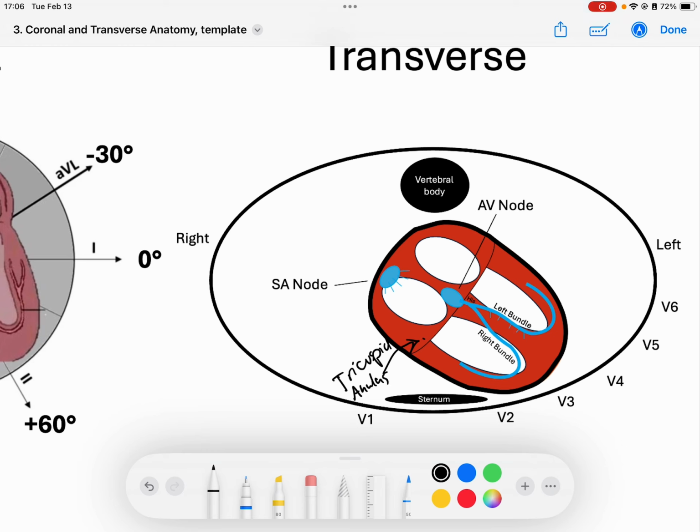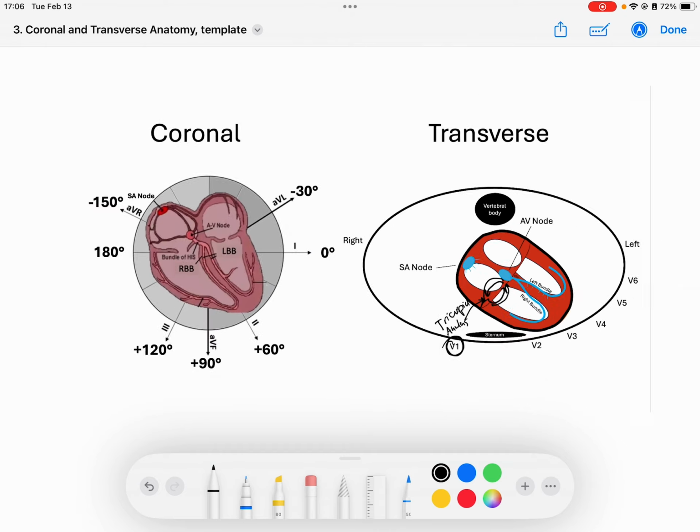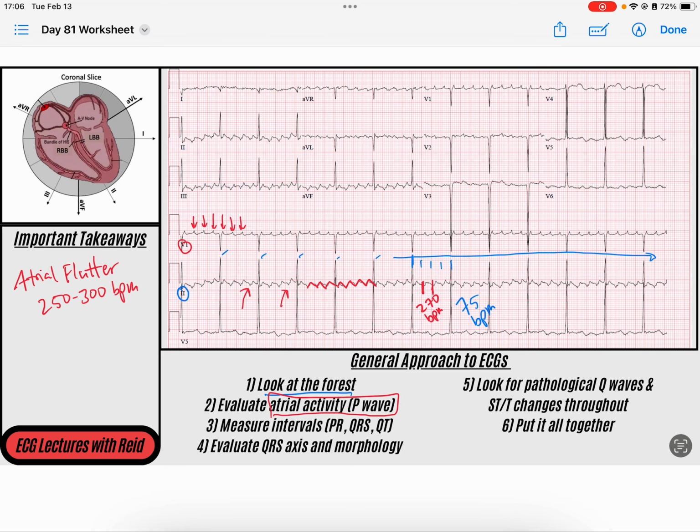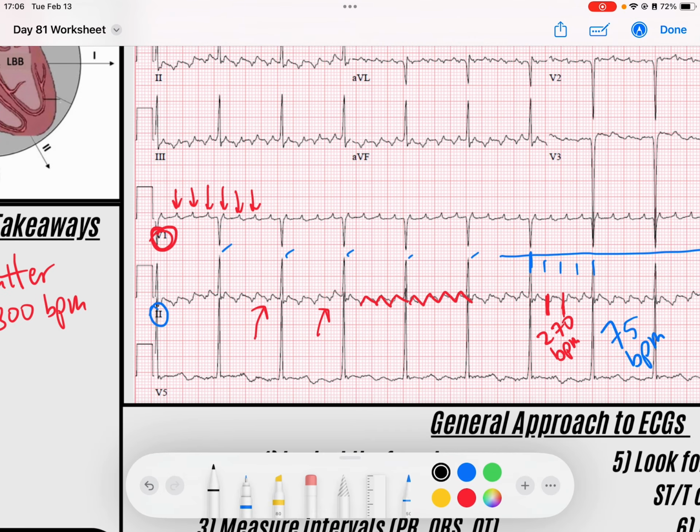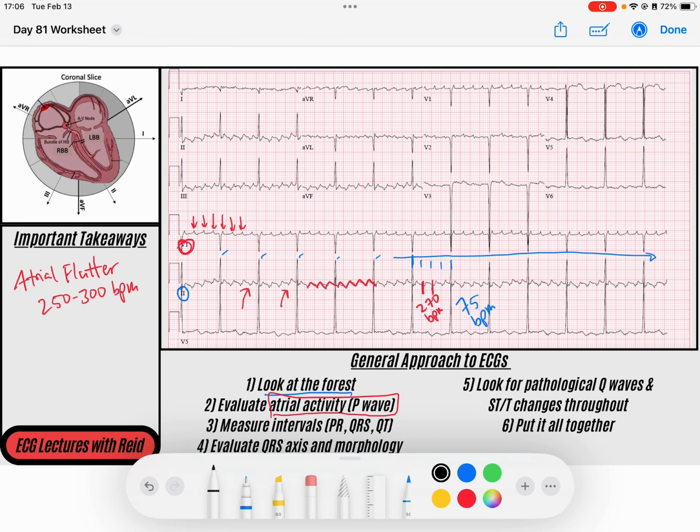What happens is you get reentry around the tricuspid annulus. And so you can see a lot of signals going towards and away from the chest wall whenever it goes around that tricuspid valve. And so you get these nice, sharp, positive deflections, which is what we see in V1. And so we have atrial flutter.